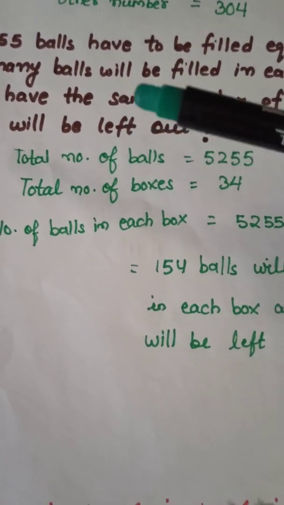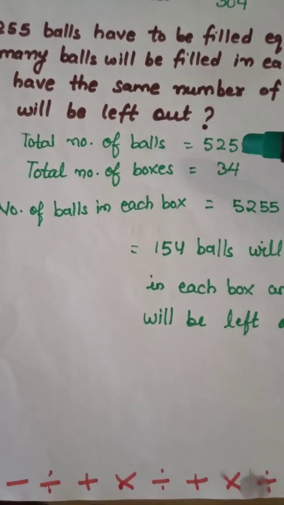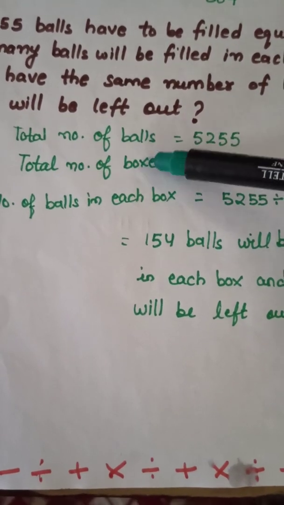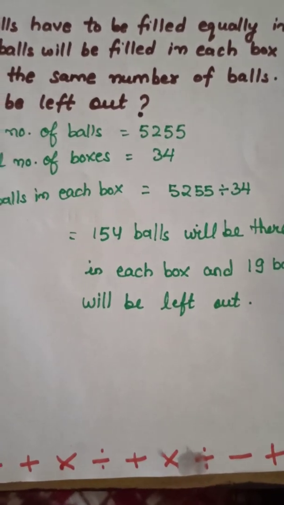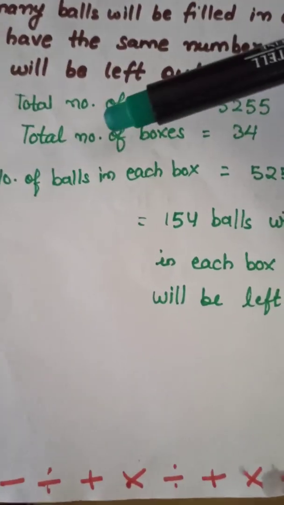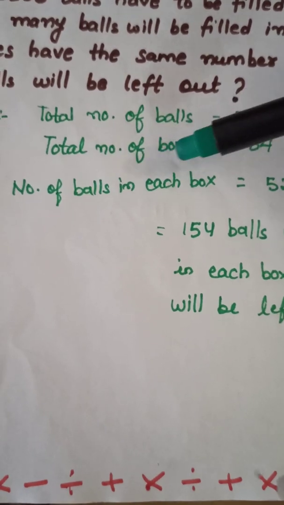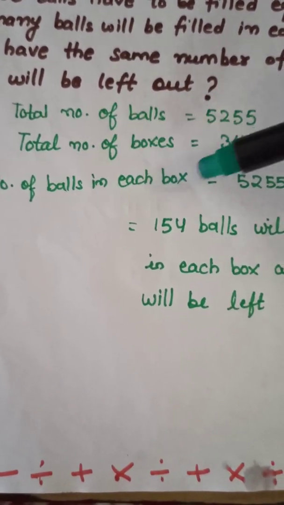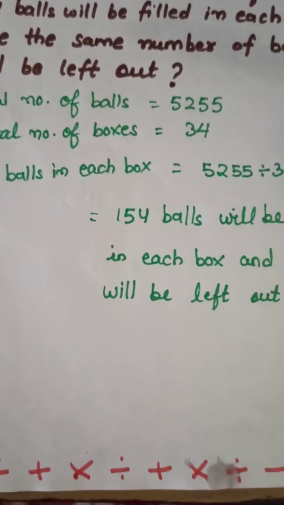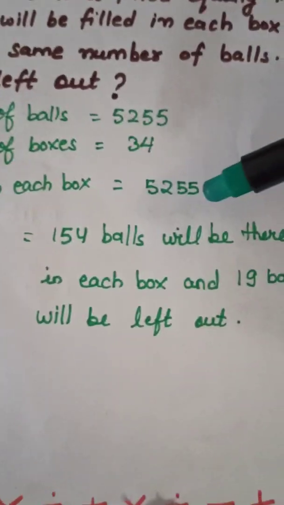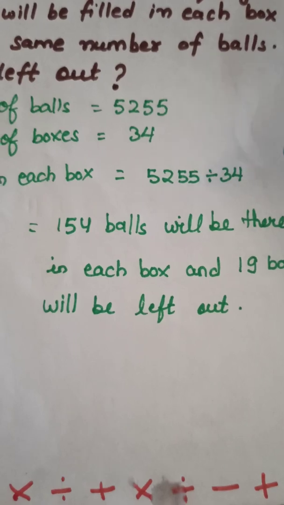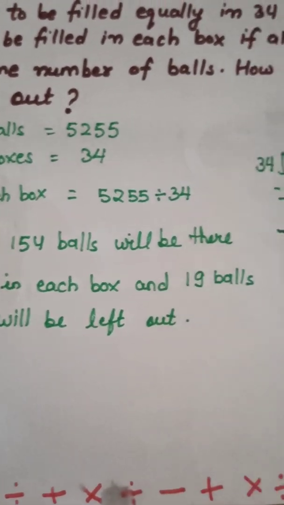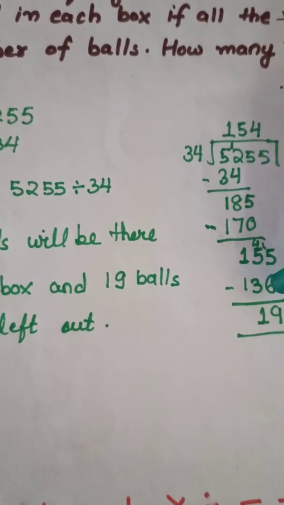So our first statement is the total number of balls, this much, then the total number of boxes, this much. These two details are already given. Then our third statement will be the number of balls in each box. In one box, to find how many balls there will be, we simply divide 5255 by 34. This is the division part.